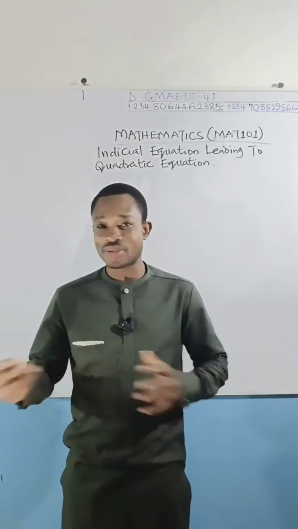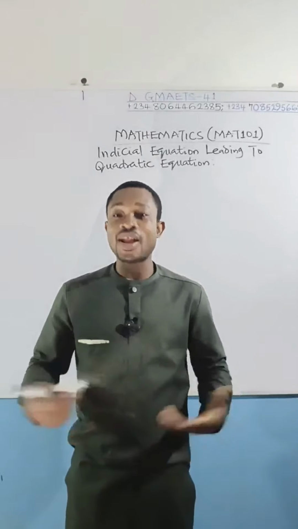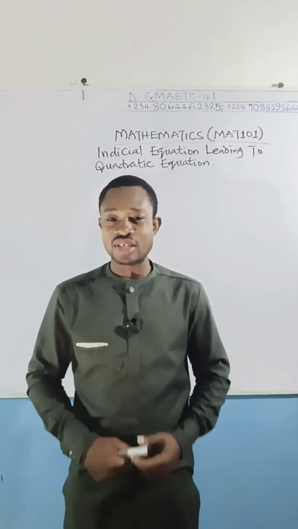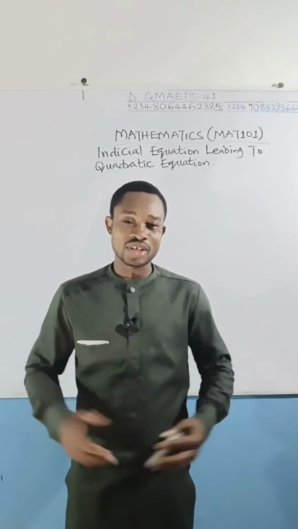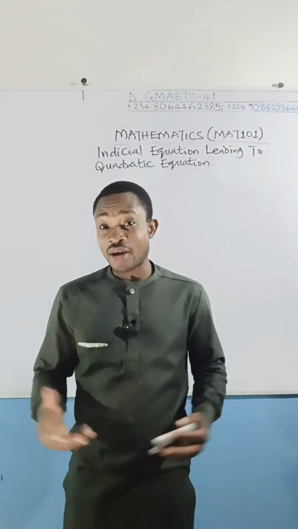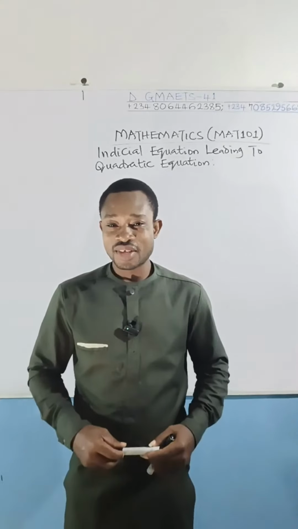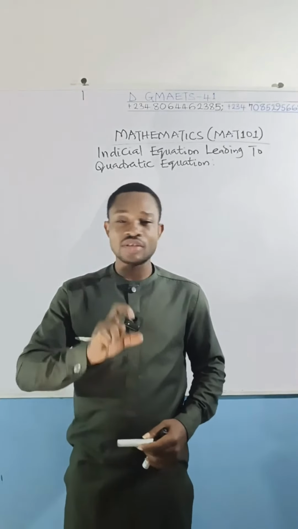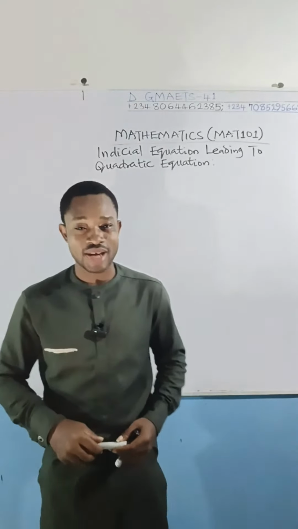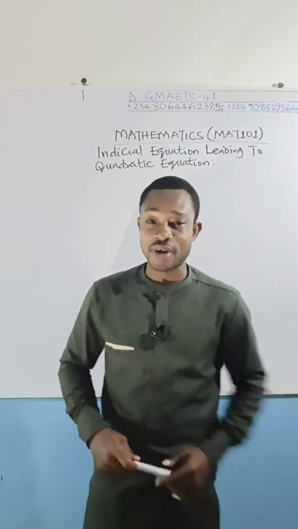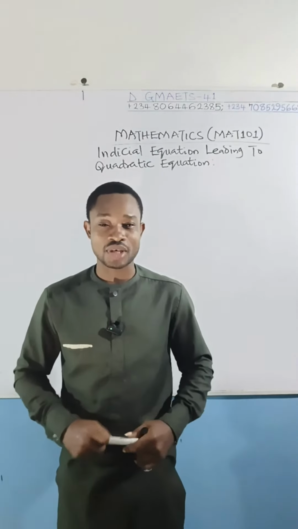It's just for you to apply your knowledge of the laws of indices, break them down, and you see how the equation comes out simple as that. So we'll be giving attention to the type of indicial equation that leads to quadratic equation in our class today. And I hope that you're prepared for a wonderful class as usual.